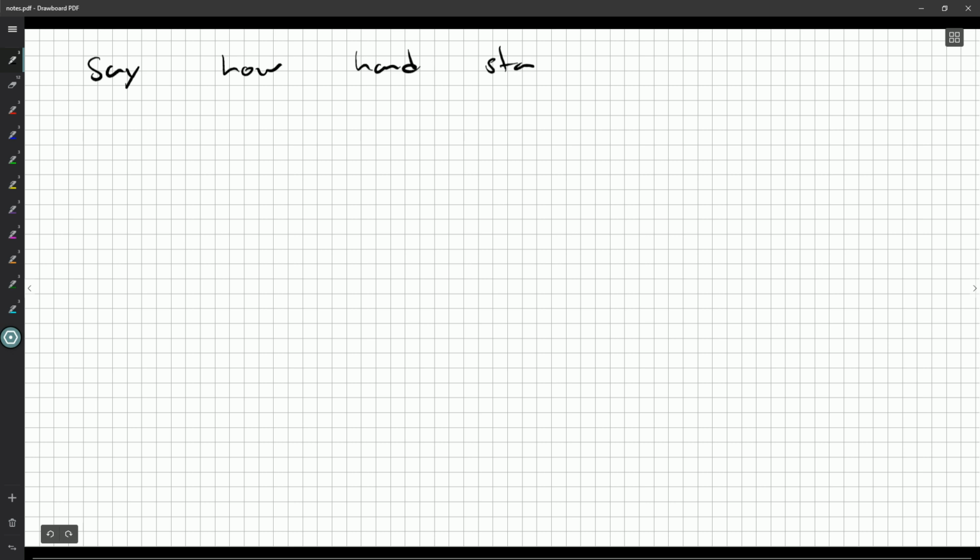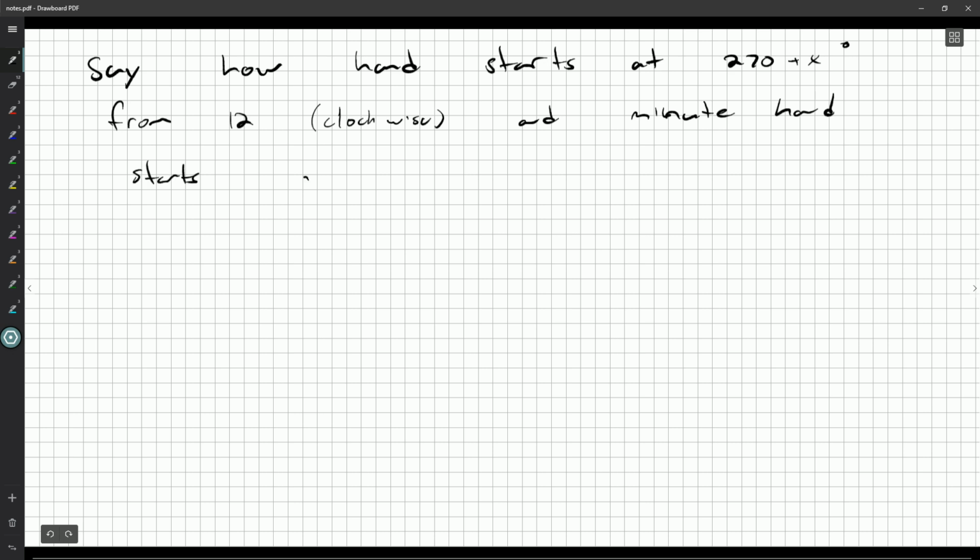Let's say the hour hand starts at 360 plus x degrees from 12 clockwise, and the minute hand starts at 270 degrees plus y degrees from 12. And I don't need to say clockwise again. They're going to realize I mean clockwise.